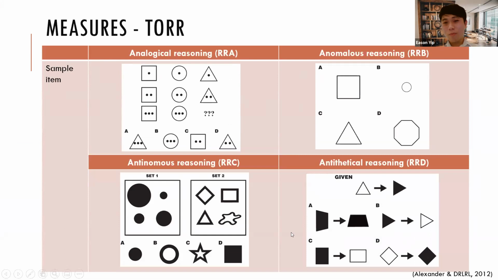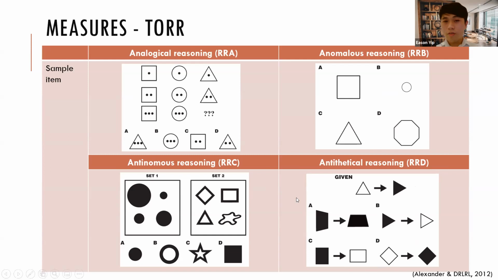I will stop here at this slide to let you read a little bit more about the items. It is actually quite surprising for me as well, because I think in nature, complement principle is kind of oppositional or compensatory. But then for RRD, which is antithetical reasoning, which requires participants to find the oppositional process among these four choices.